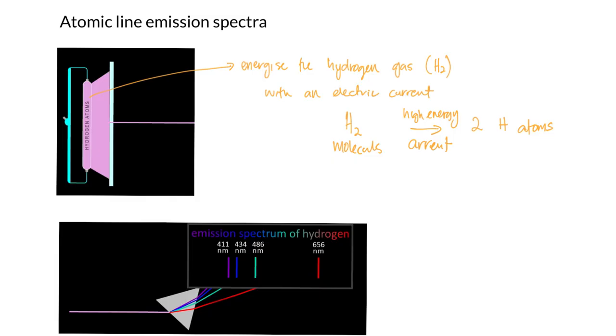When this happens, those energized hydrogen atoms emit a specific color, or rather, they have a specific color spectrum that we've seen so far. So this is the color that comes out. This is the color we cannot see, right?